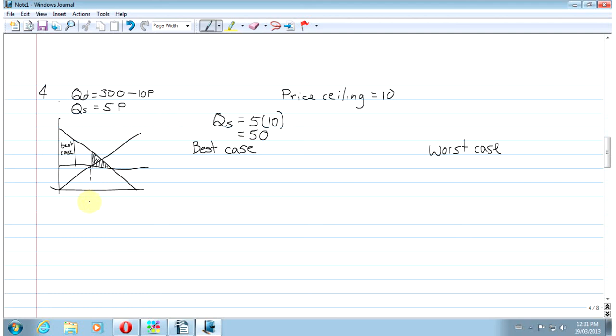Okay, so to do this, we need this Q. We need this quantity at price of 10, and we need this price right there. So the worst case scenario is going to be the quantity at a price of 10, which is 200.